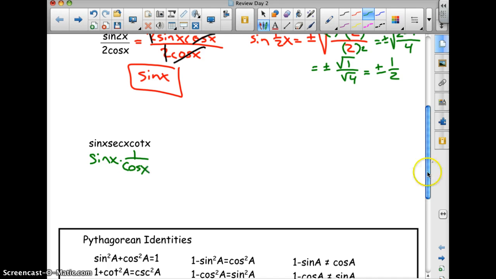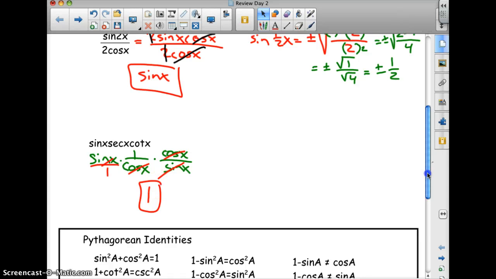But I think it's a better idea to write it in terms of sine and cosine. So we'll use the quotient identity, cotangent x equals cosine x over sine x. And then you'll see how this is a nice problem here. Everything cancels each other out because this guy's over 1, that's really in the numerator. So everything cancels, so the answer is 1.